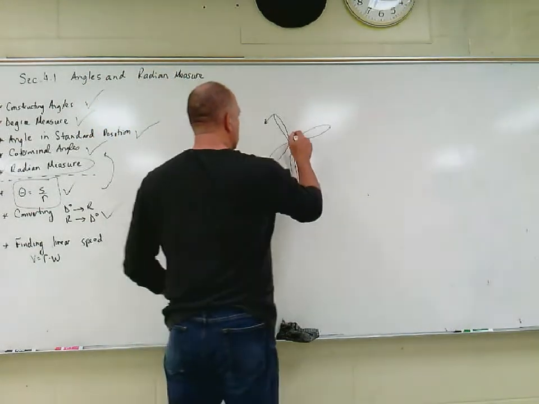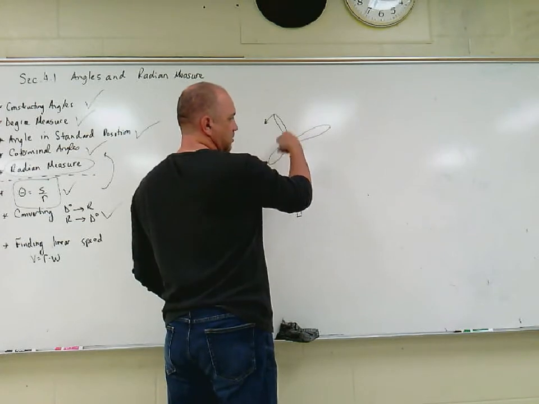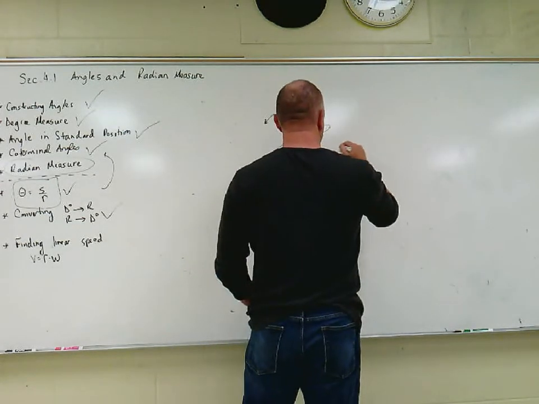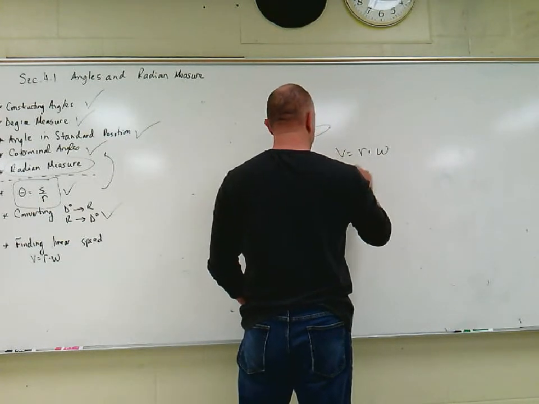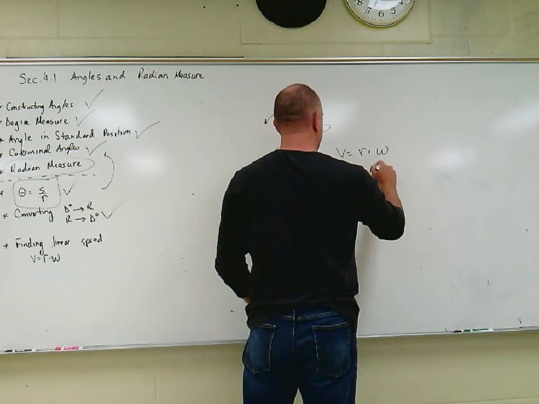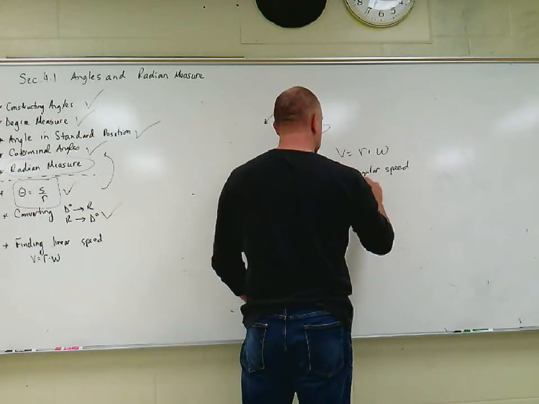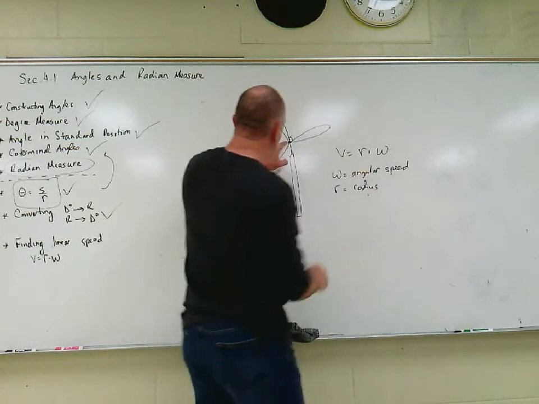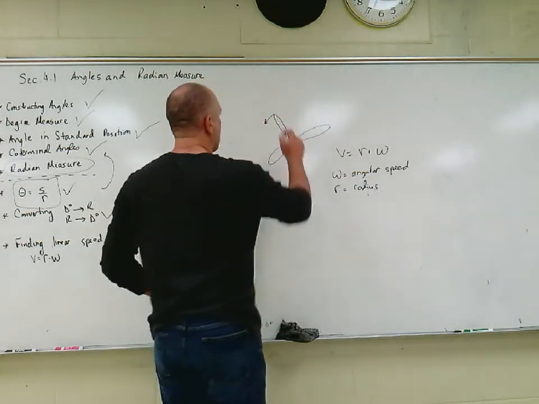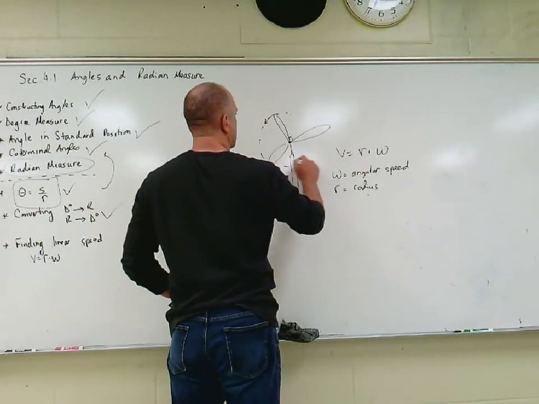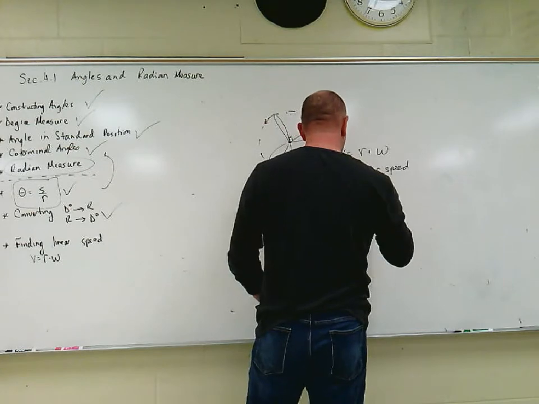One speed is what's called the angular speed, so it's how fast we're turning this here. The angular speed is represented by W. Of course, R is the radius, or the length from the center to the tip of the fan blade. So this would be our R. Picturing this, because this is moving in a circular direction, R is radius, and V is linear speed.